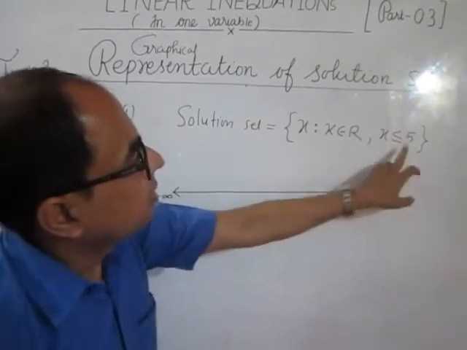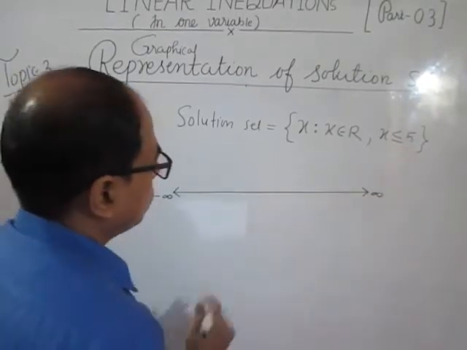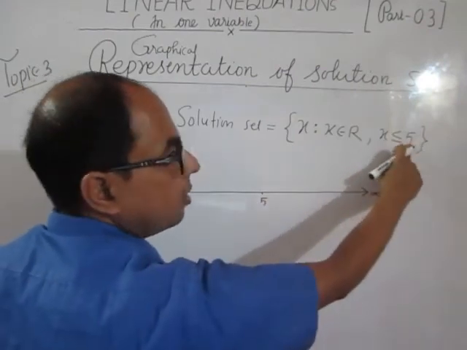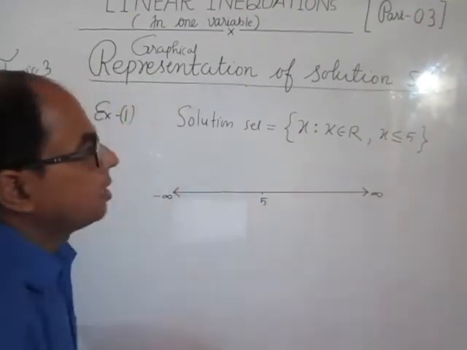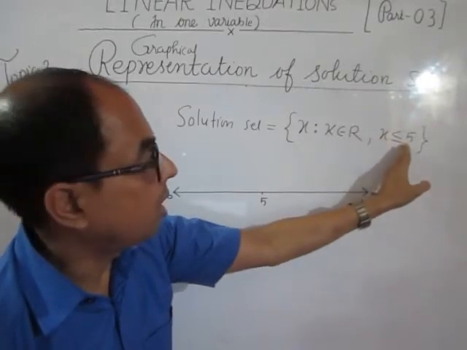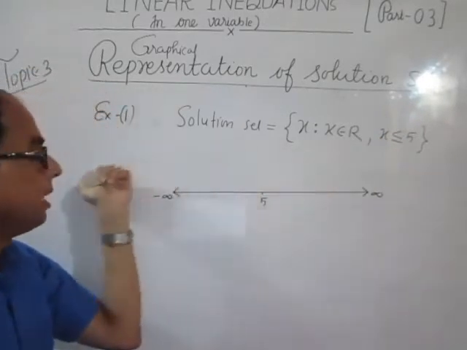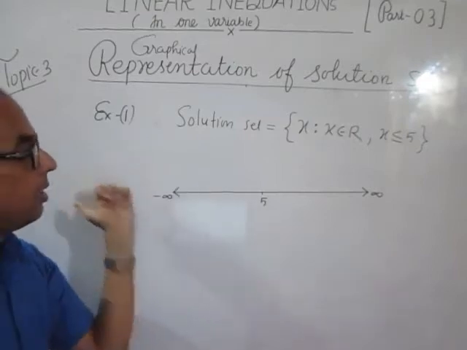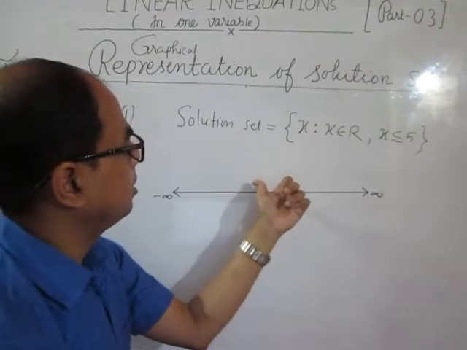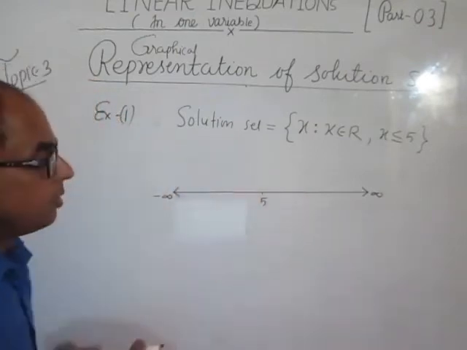Now here the end point is 5, so plot that end point 5. This is the end point of the interval 5, and left side end point is not given. That means x is less than or equal to 5 and it is moving towards negative infinity. This side x is less than 5, that means x is moving towards negative infinity.